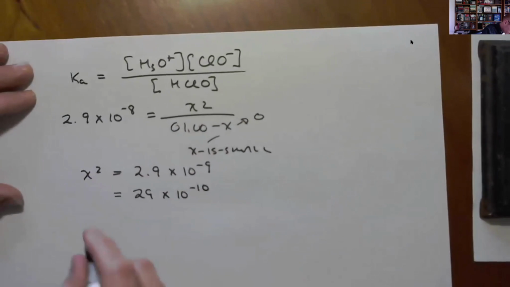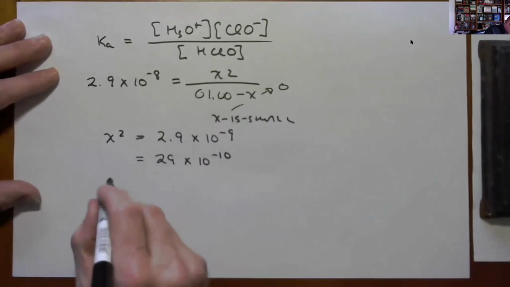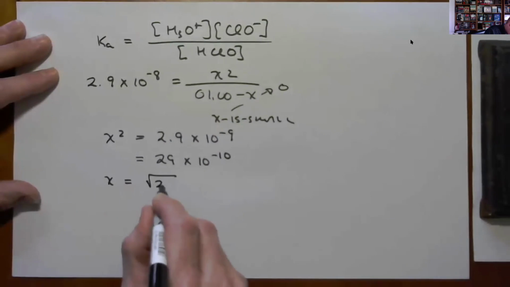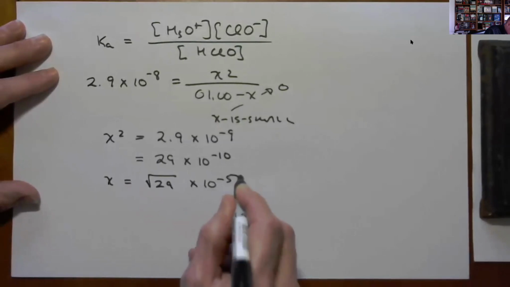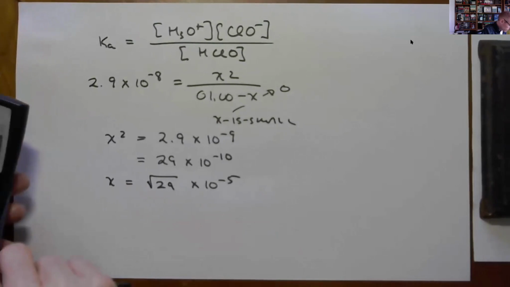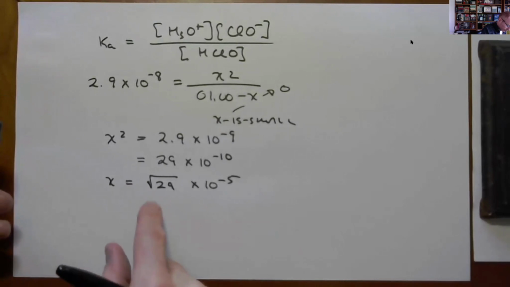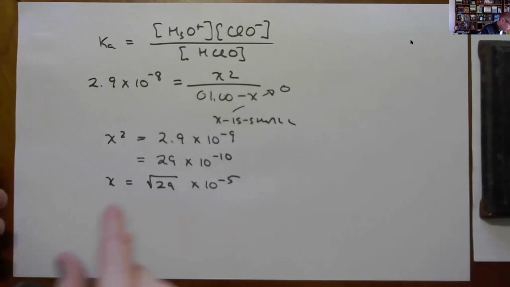Why do I do that? Well, because I'm doing this in my head. And so this x, therefore, is equal to the square root of 29 times 10 to the minus 5, and that's the square root of 29. Doing this in real time, ladies and gentlemen. Let's turn on my calculator here. What's the square root of 29? I should be able to do that in my head. I mean, 4 times 4 is 16, 5 times 5 is 25, so it's a little greater than 5, somewhere between 5 and 6. I'm going to say it's like 5.5, but all right, square root.